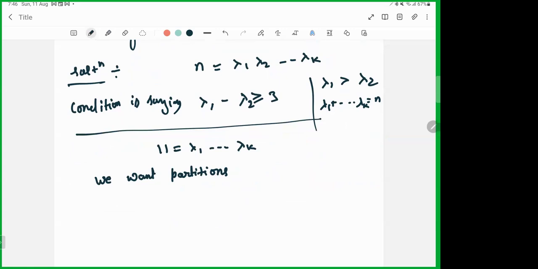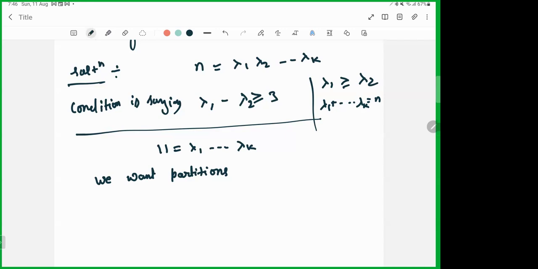Even though I'm not sure how the partition part went because I've not watched it, is the idea something like this? The constraint is that the difference of the first two should be 3, and the first one should be larger.